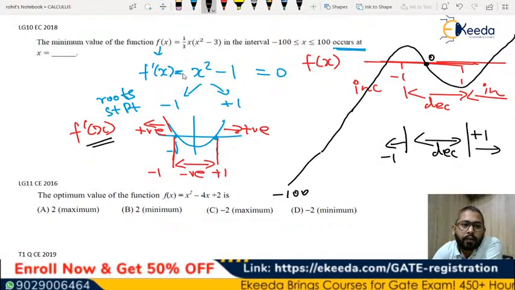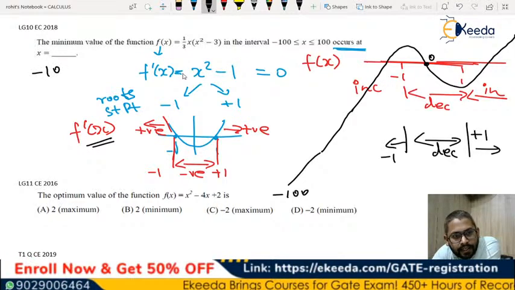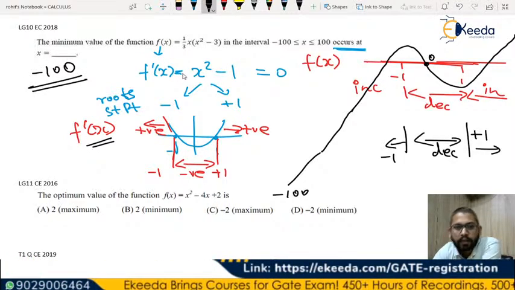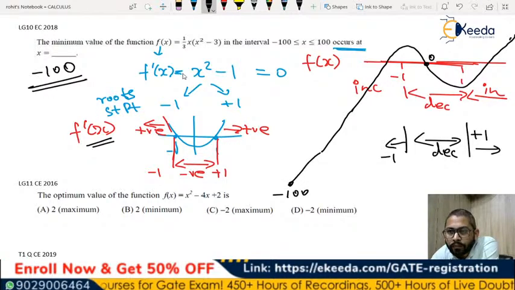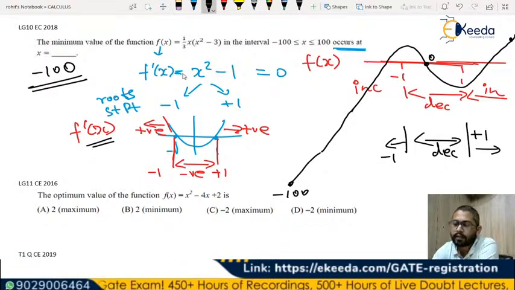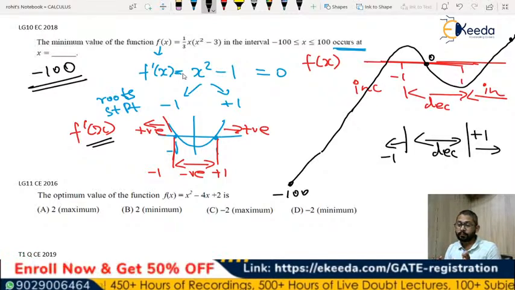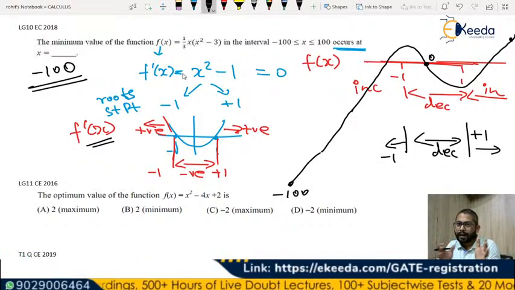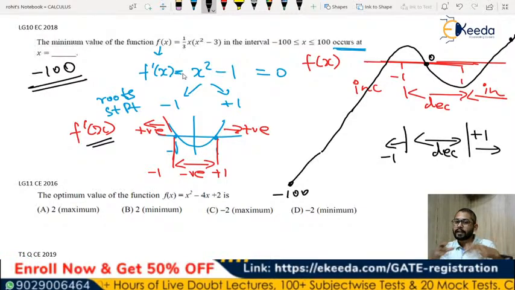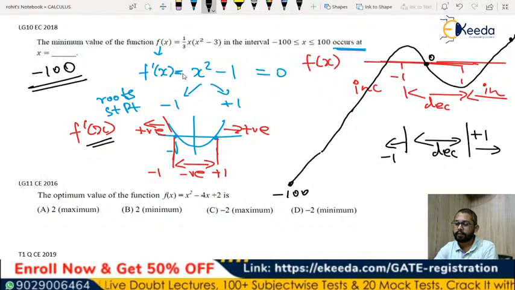That means without calculation also you can say that at minus 100 the function is going to have a minimum value and the maximum value is going to be at x equal to 100. This is possible only if the interval is very big. This interval from minus 100 to 100 was very big to tell it just by looking at the graph.